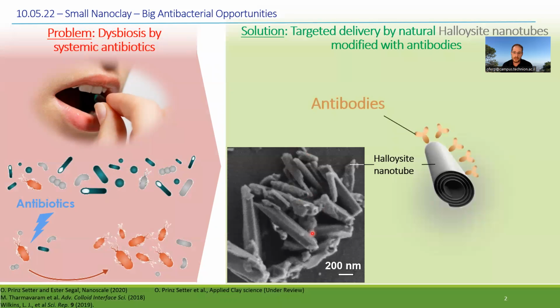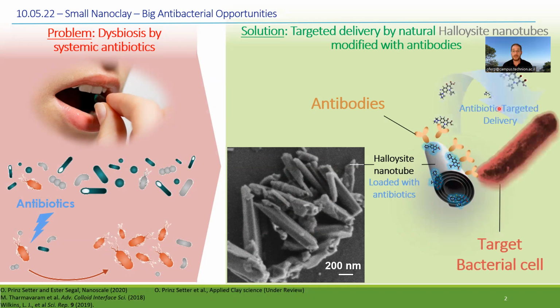The concept is to use natural clay that has tubular morphology, equip it with antibodies on its surface, and load it with antibiotics. These antibiotics will be released only in the proximity of target bacteria in a suspension.